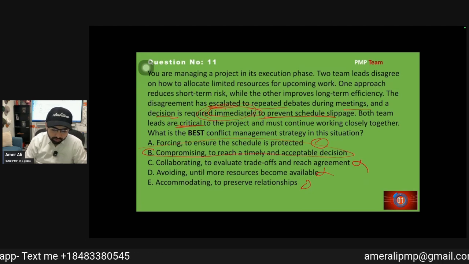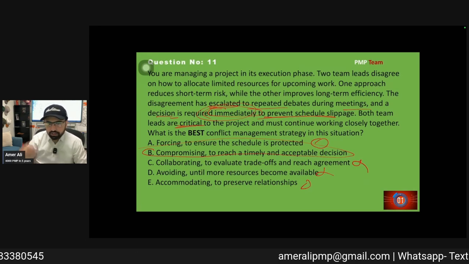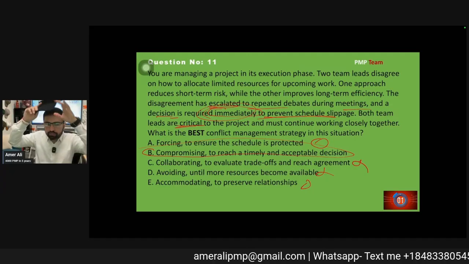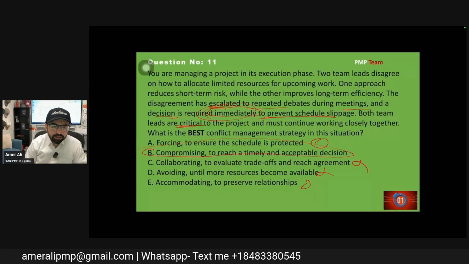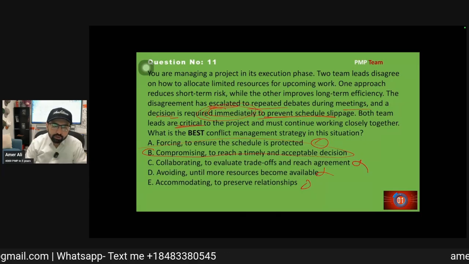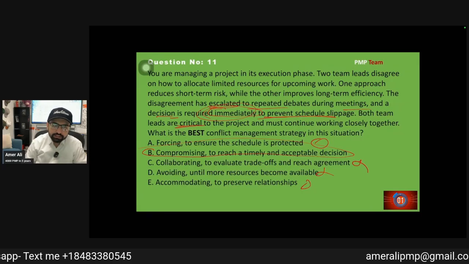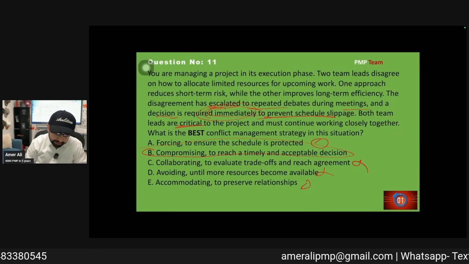I cannot force it. Schedule is a priority, but the question says both are critical. Okay, both are critical. I cannot accommodate that because I need to take that decision. I cannot collaborate and I cannot avoid it.